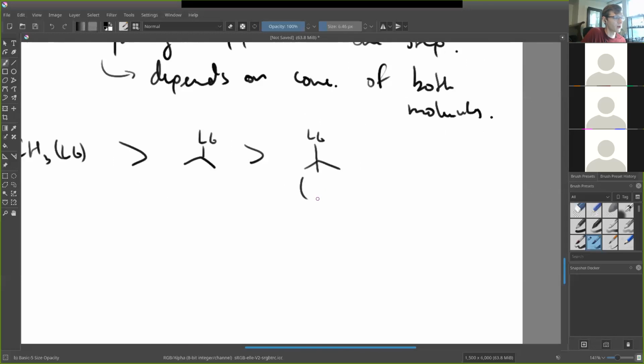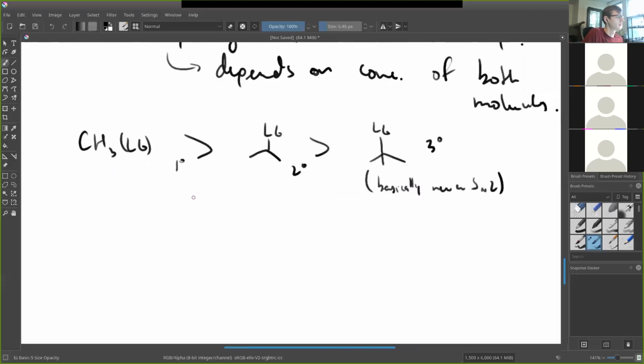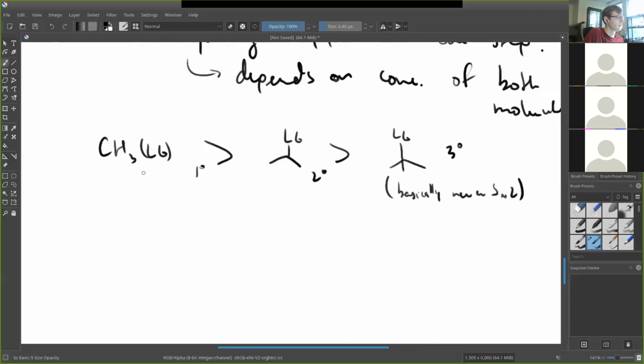In fact, tertiary carbons will basically never react with SN2. So this is tertiary, secondary, primary, or methyl, whichever one.